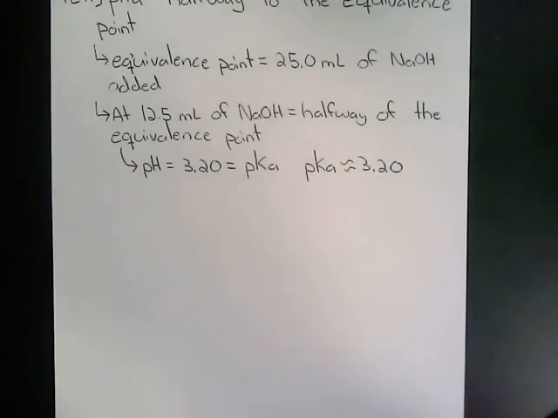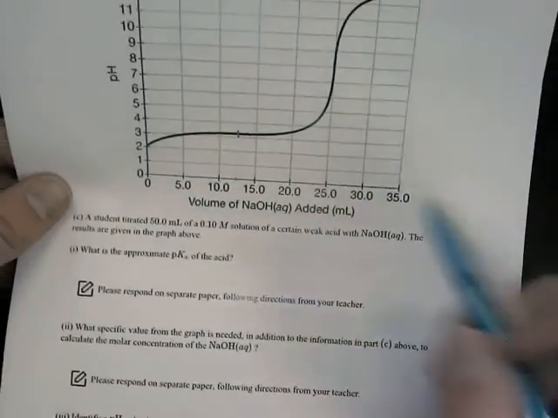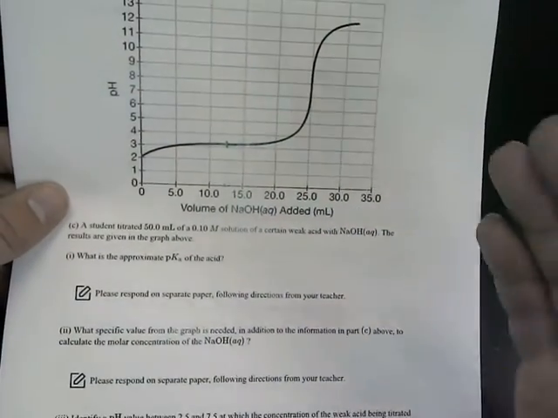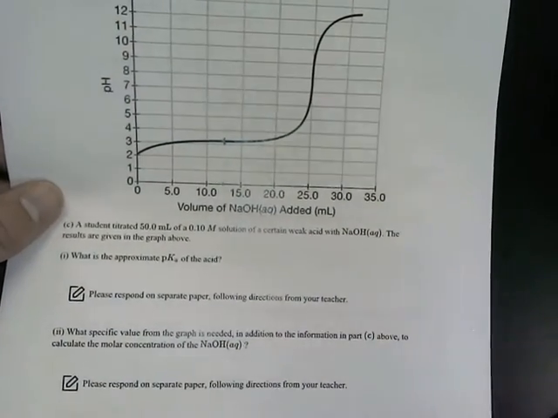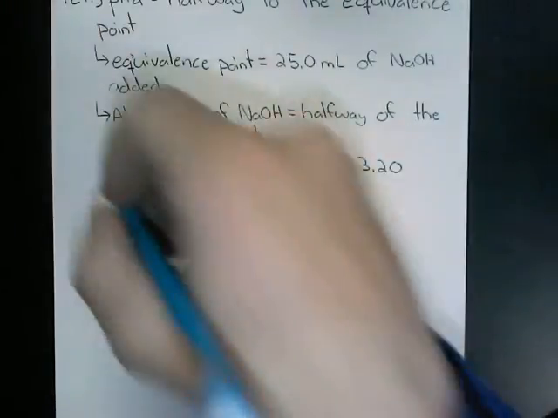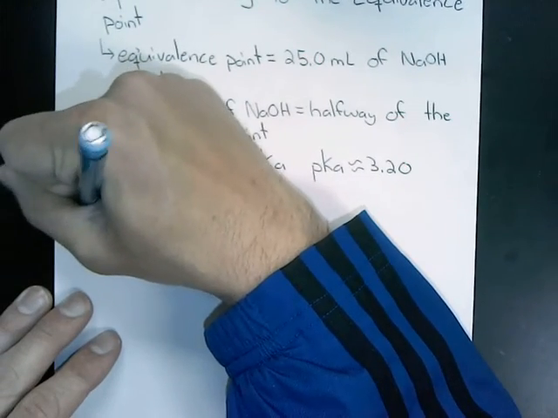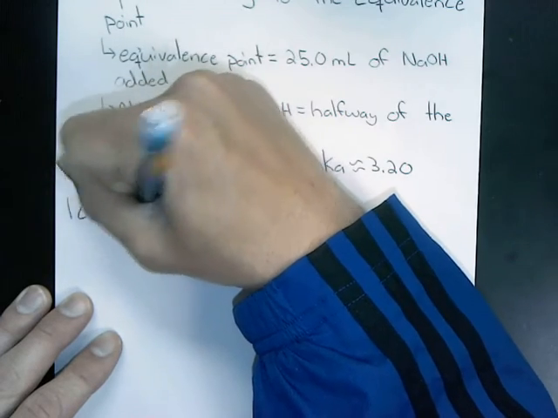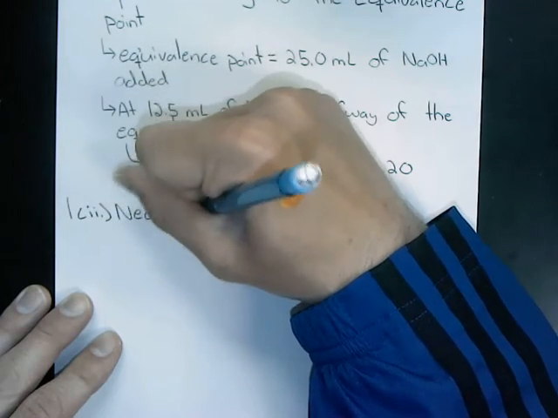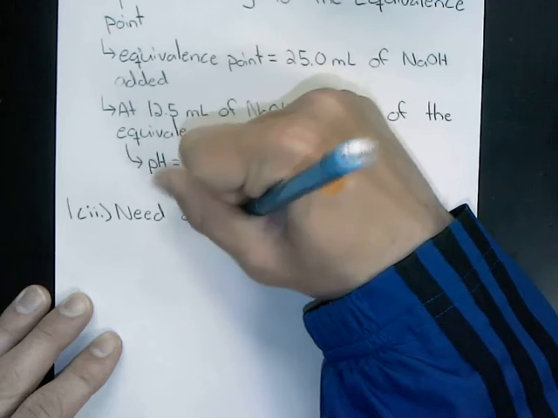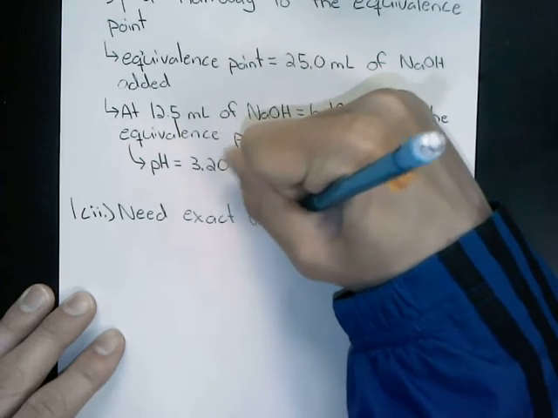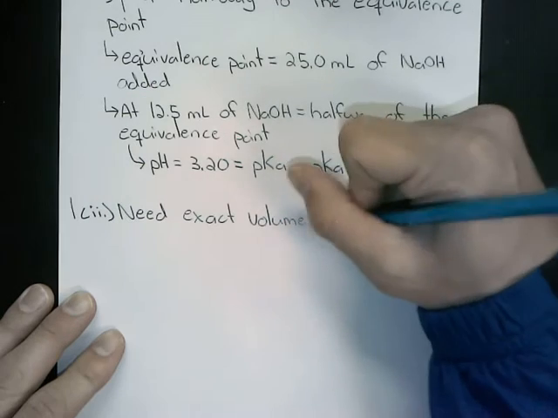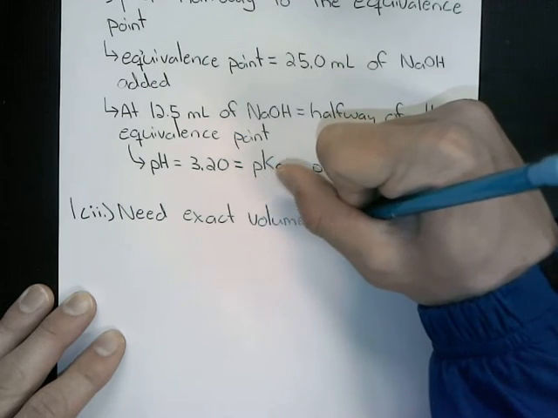Well, again, this graph is relative, so we would need the exact value or volume of NaOH added. So again, for 1C2 here, we would need the exact volume of NaOH added. Again, we estimated that it was 25 milliliters.